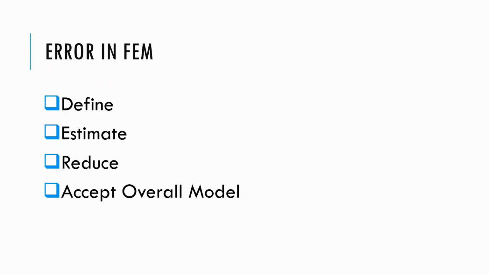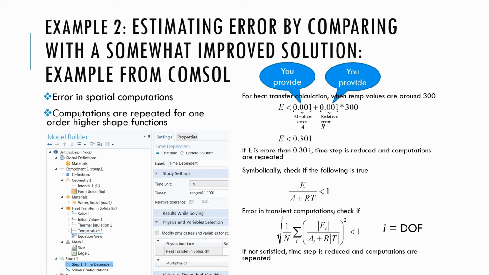Now that we know how to estimate error, how do we try to reduce the error? One way to reduce the error in a transient computation is something we have already talked about.